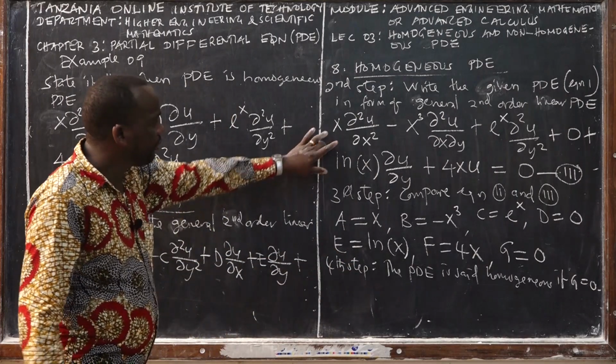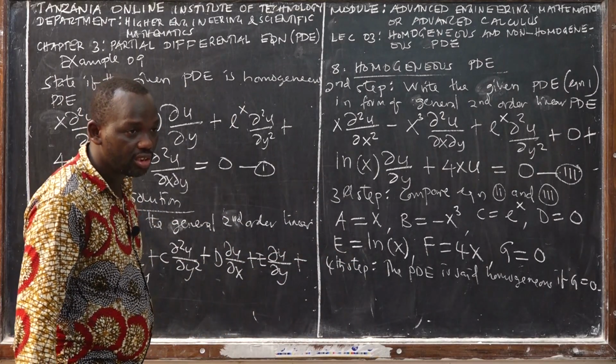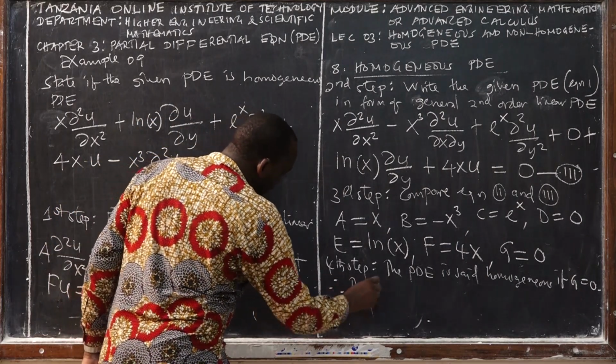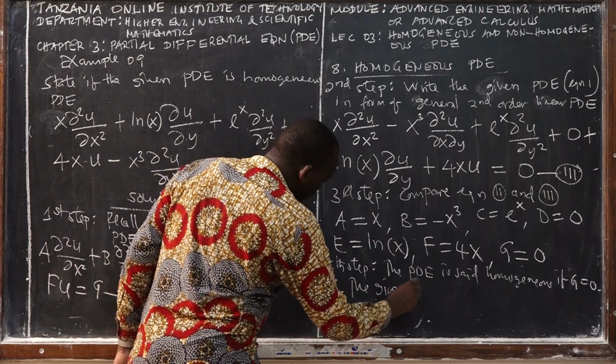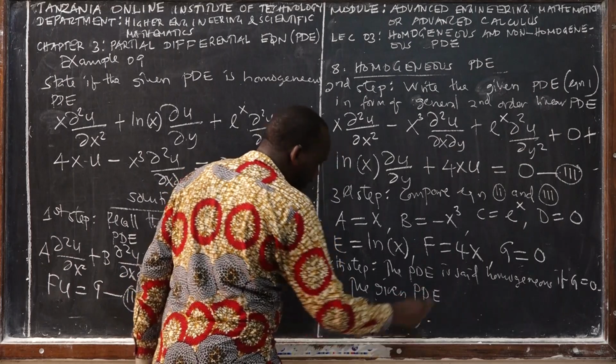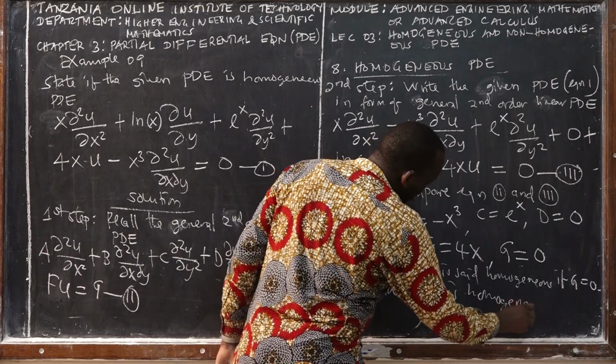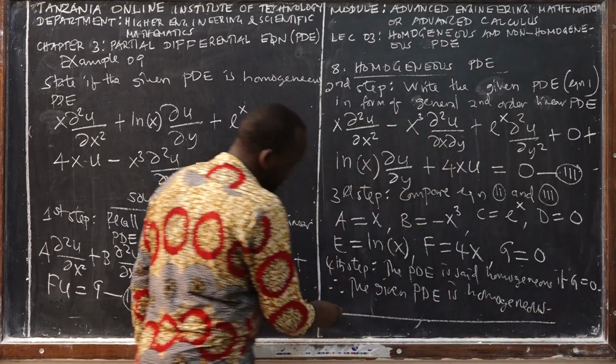Is the value of G for this partial differential equation equal to 0? Therefore, we say that the given partial differential equation is homogeneous. You are done.